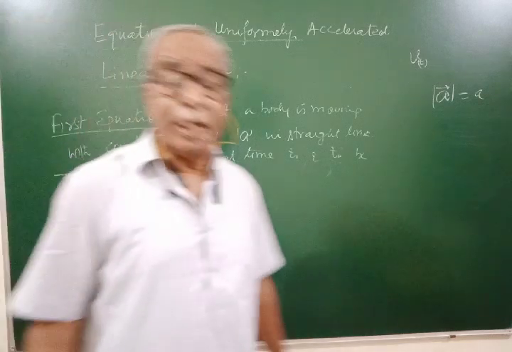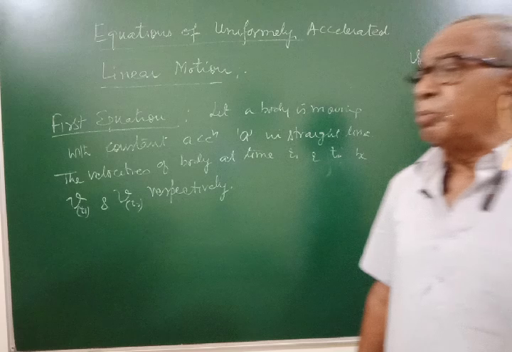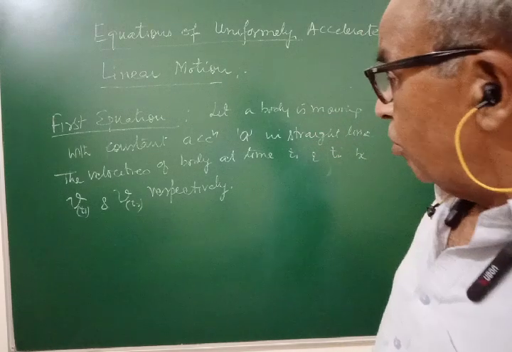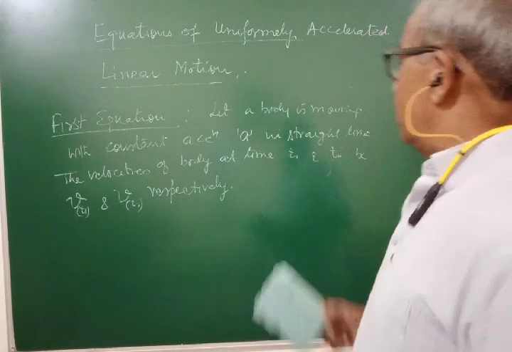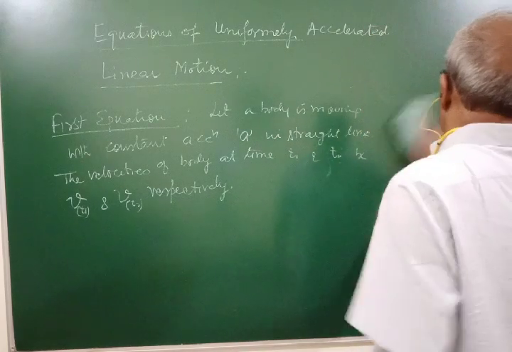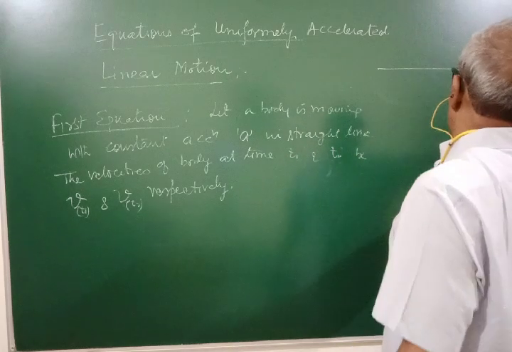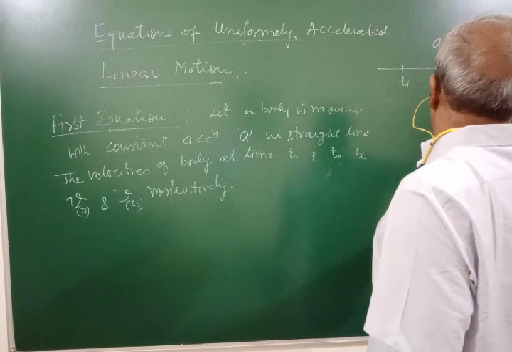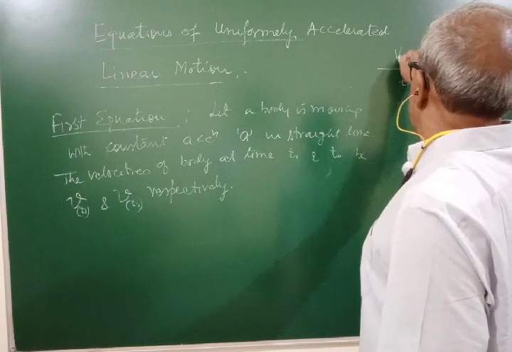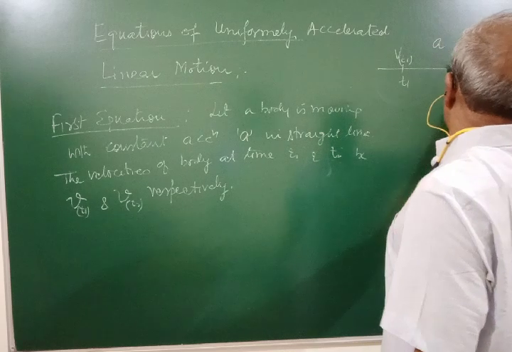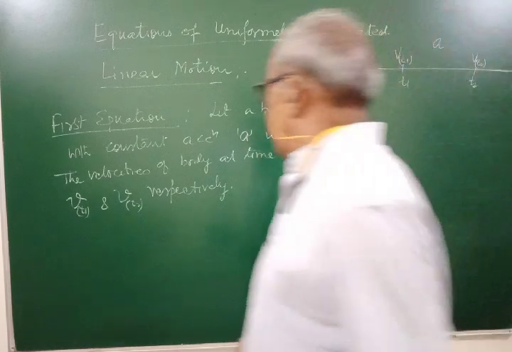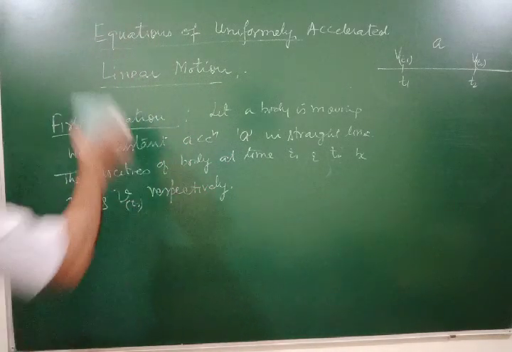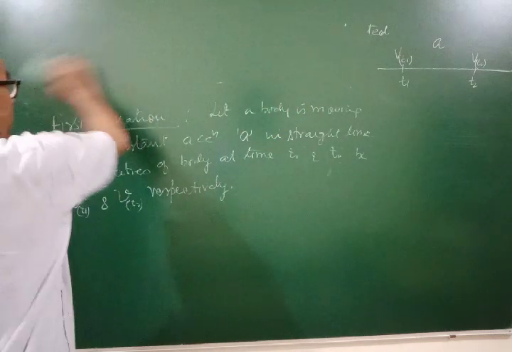Please make your writing neat and clean, not beautiful. If it is neat and clean, it appears beautiful. So be very careful. What I have told here: body moving on a straight path with constant acceleration. Here acceleration is constant. At time t1, t2, the velocities are Vt1 and Vt2, the magnitudes of velocity. Velocity of body we can write like this. If I haven't written magnitude, it is understood.